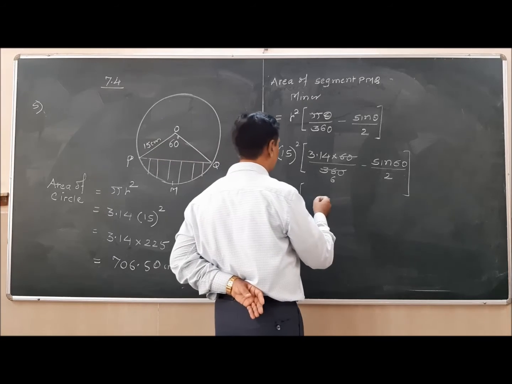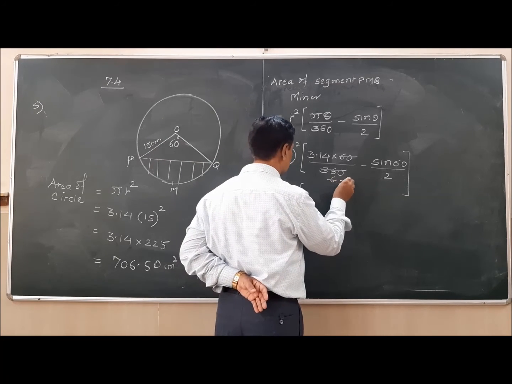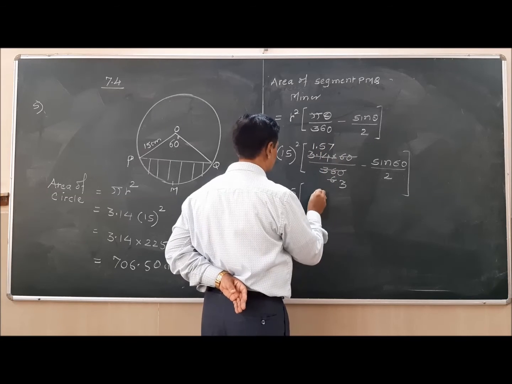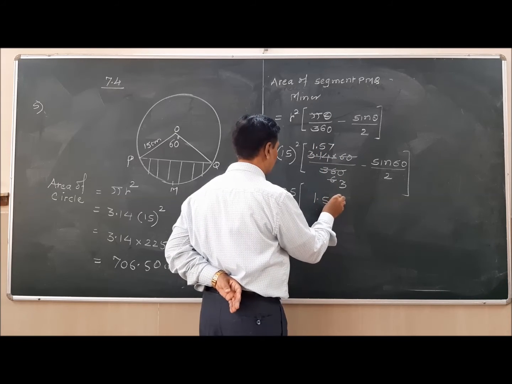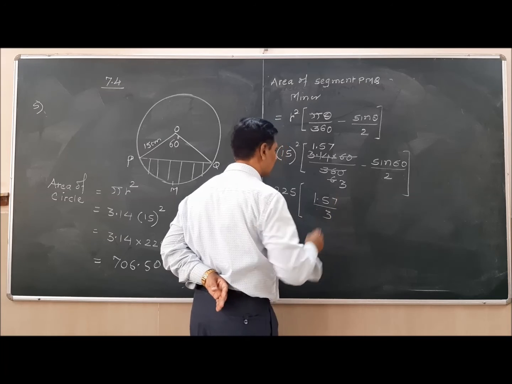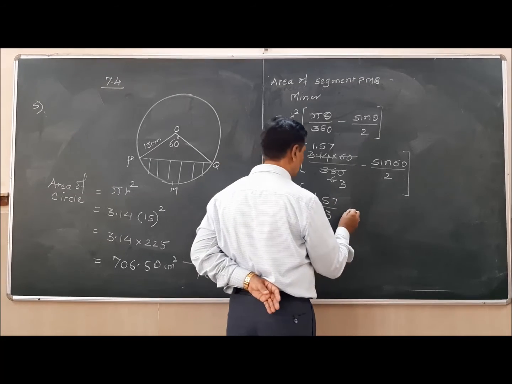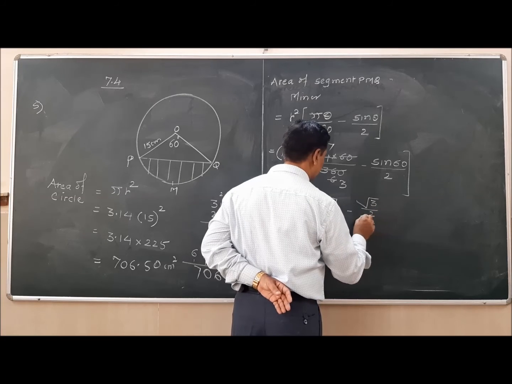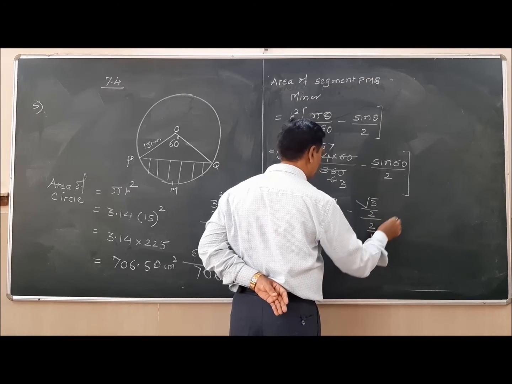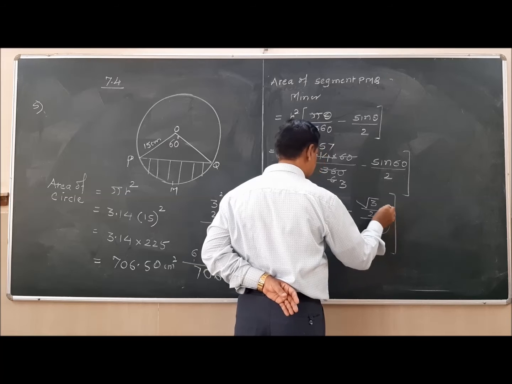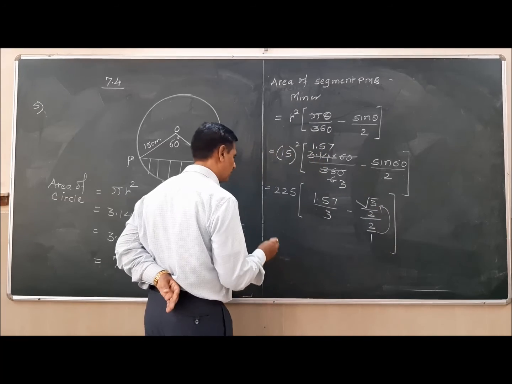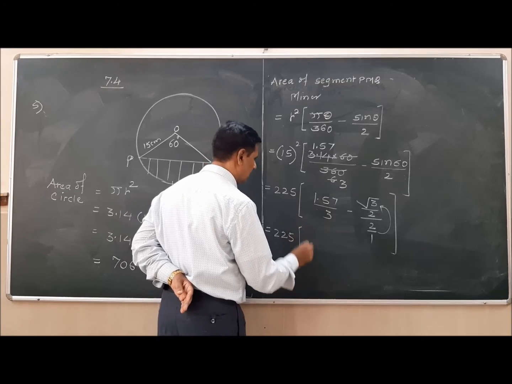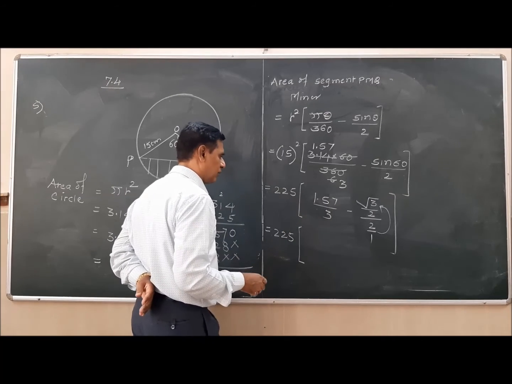Then I am going to divide by 2 now. So 3.14 divided by 6 gives 1.57 upon 3. Sin 60, as you all know, is root 3 upon 2, divided by 2. Let's transfer 2 upon 1 from the denominator to the numerator.